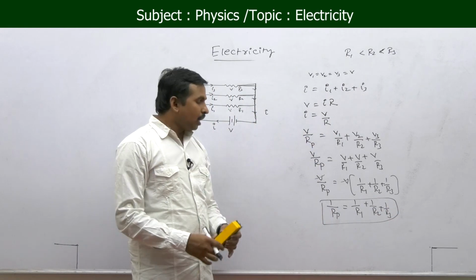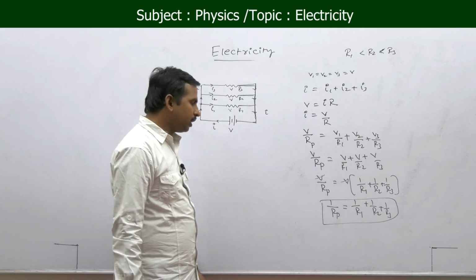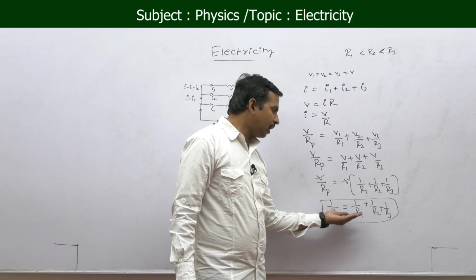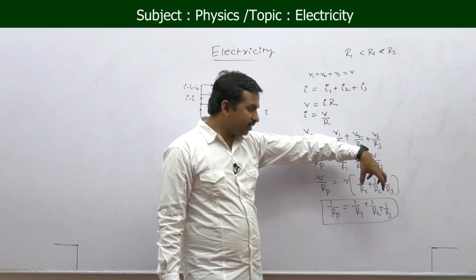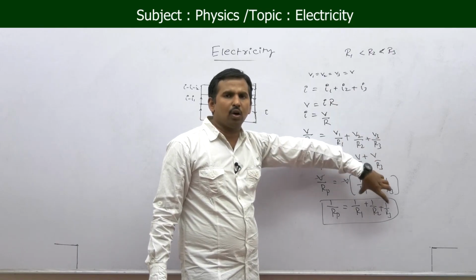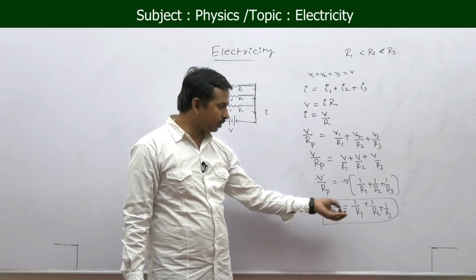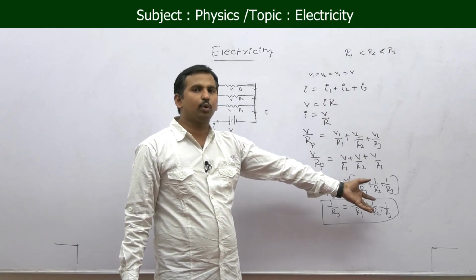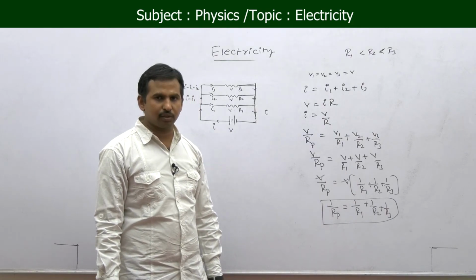As we are getting all reciprocals here, 1 by R1, 1 by R2, 1 by R3, the resistance offered when you connect them in parallel becomes less and less, because we are taking the sum of reciprocals. So we get very little resistance here.